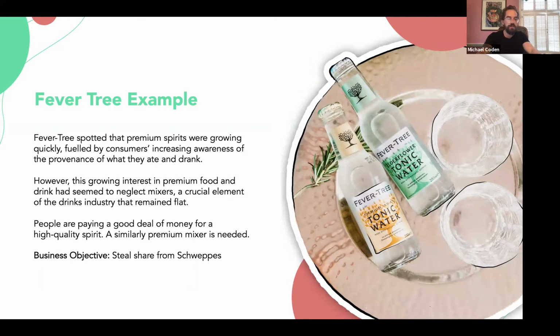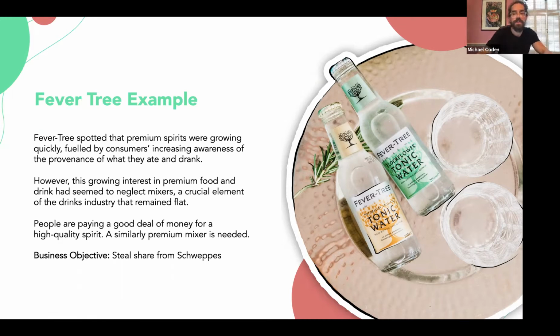As Saoirse alluded to, it's all about thinking about the problem they're trying to solve. In their category, a really adjacent category to them is premium spirits, which they noticed were growing really, really quickly. It was fueled by the surge that we've all seen in the trend around health consciousness, paying more attention to what you're putting inside of you, what you're eating and drinking every day.